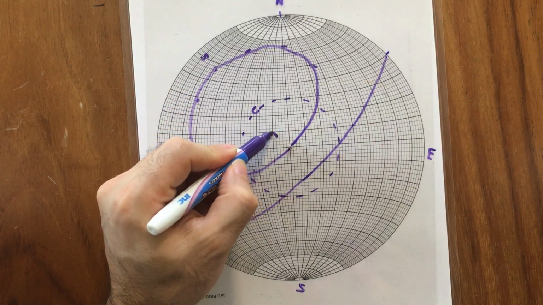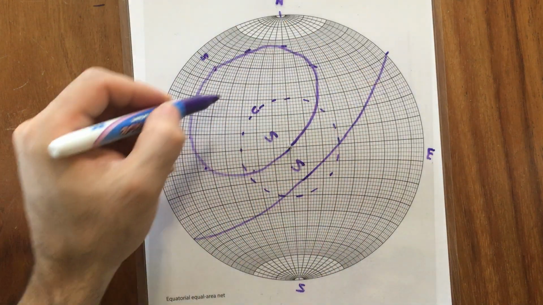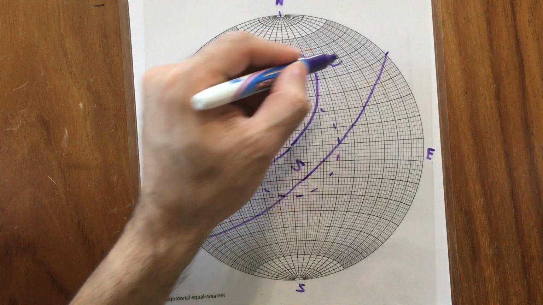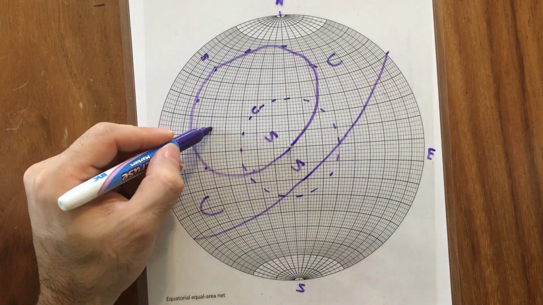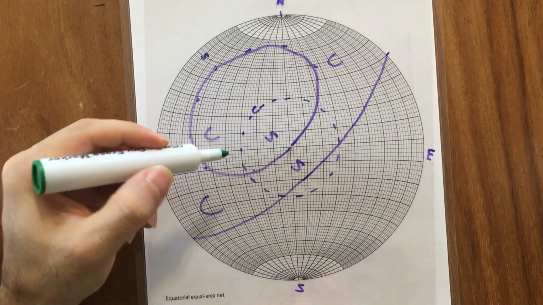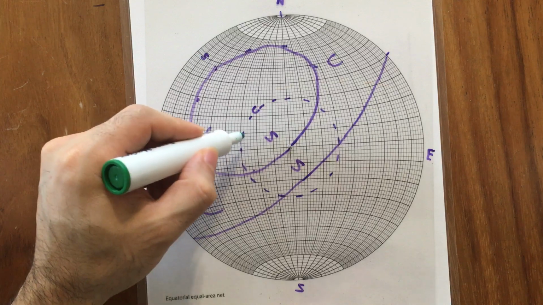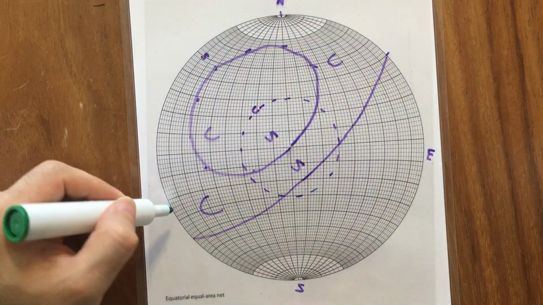It's going to be stable here, and unstable everywhere else. Unstable here, unstable here, unstable here. So now you need to find a zone that is unstable for both, right? We know this is the stable zone for the friction, and whatever is outside is unstable.